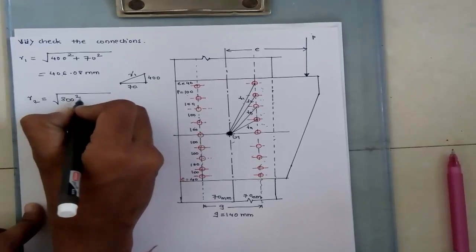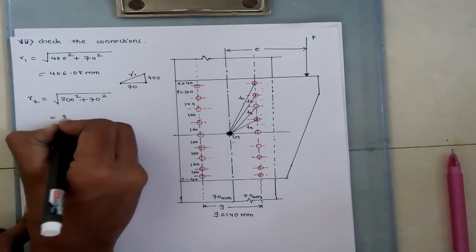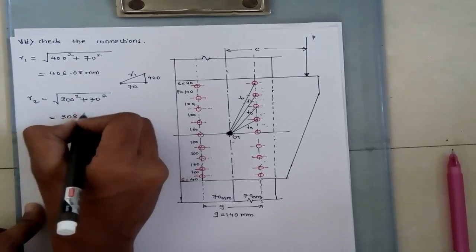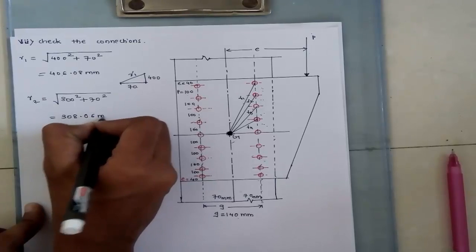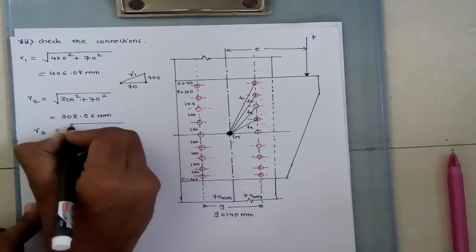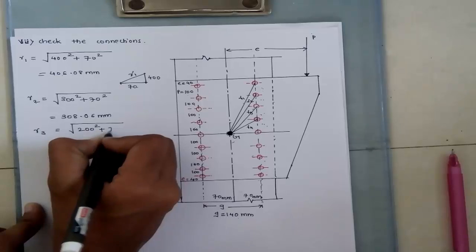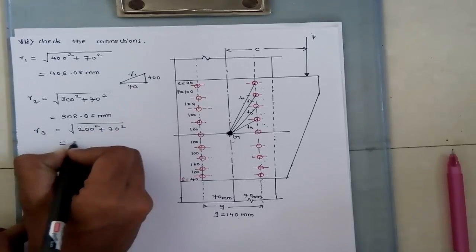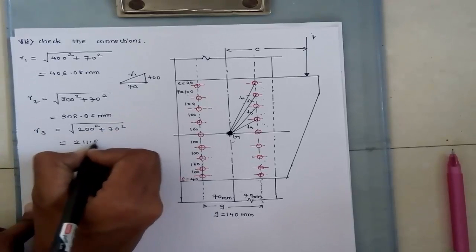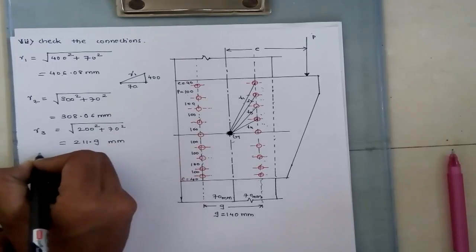That is the 300 square plus 70 square. After calculation we get 308.06 mm. R3: 200 square plus 70 square. After calculation we get 211.9 mm.